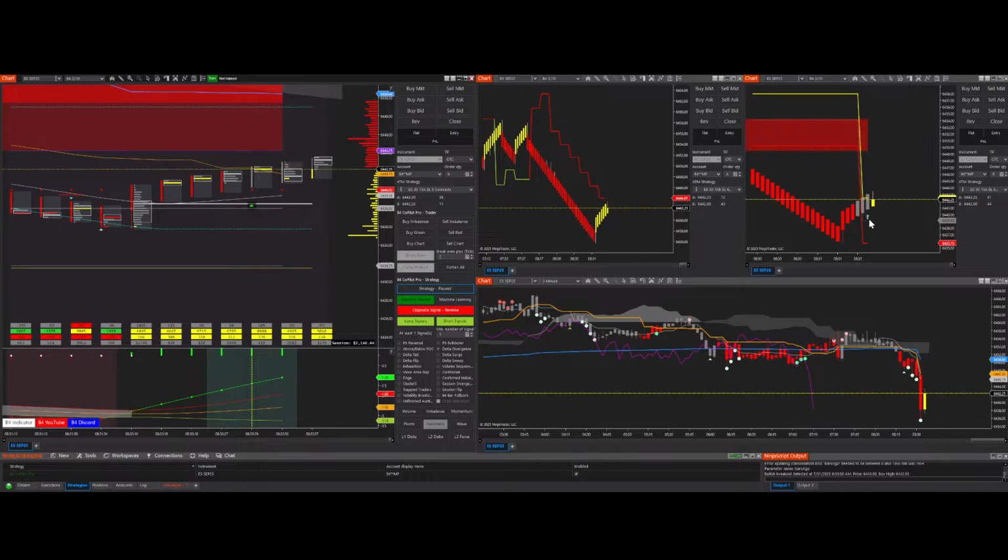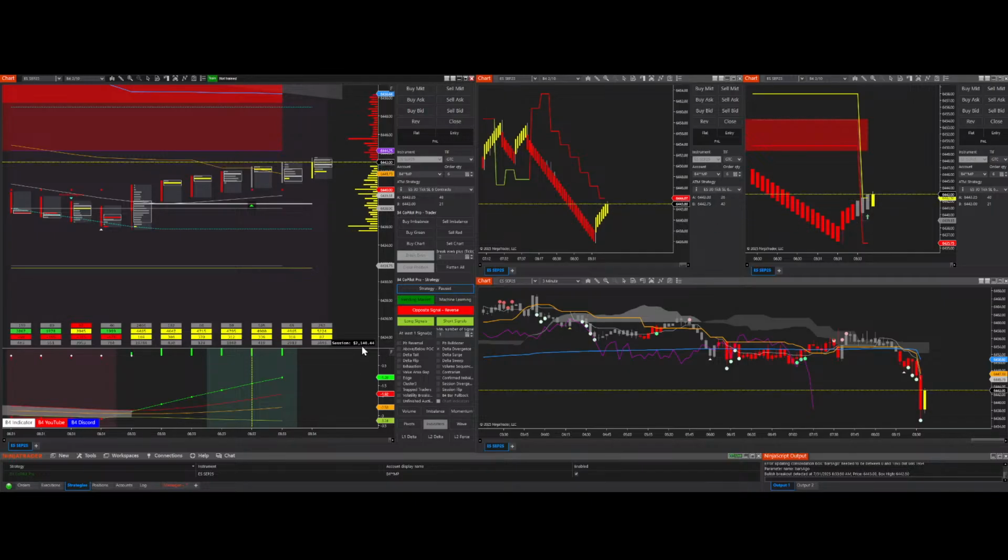I could turn that back on. There's some bullish momentum coming in this move. But like I said, I'm happy where I'm at today.